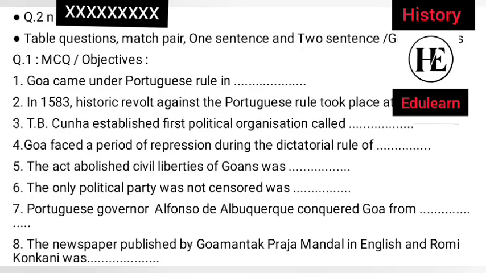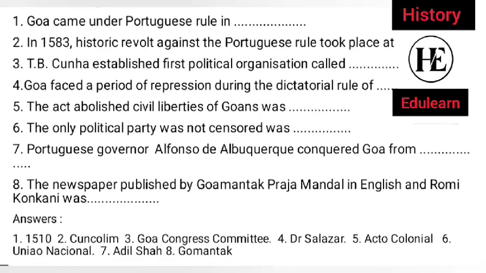In 1583, a historic revolt against the Portuguese rule took place at Kunkolim. T.B.Cunha established the first political organization called GCC, Goa Congress Committee. Goa faced a period of repression during the dictatorial rule of Dr. Salazar.